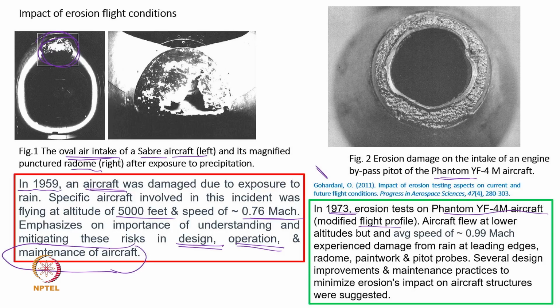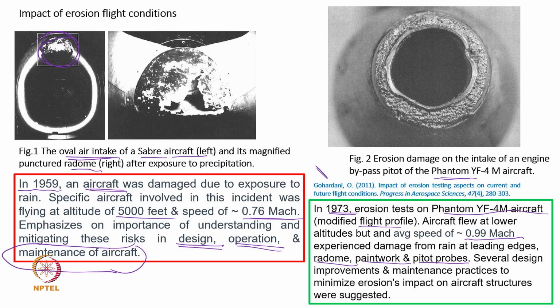Here the altitude was kept lower than 5,000 feet, but the Mach number was increased to 0.99, at very high speed. They found damage almost everywhere: radome damage, paintwork damage, pitting, and speed measurement probe damage also.